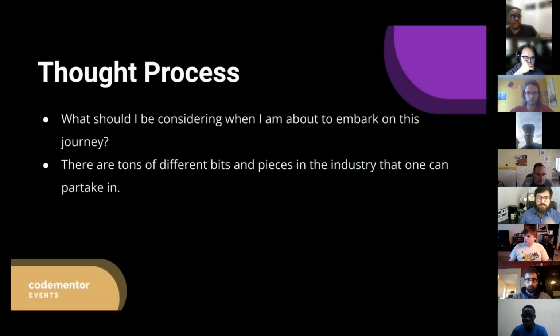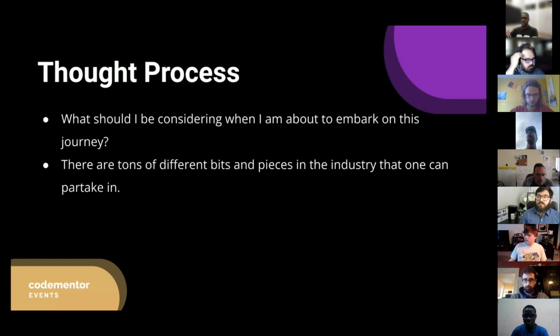Now, based on the thought process, when you're trying to make the decision, you need to think about why exactly you're trying to get into the industry, because people have their various reasons. Some people are in it to solve problems, some people are in it because it excites them, some people are in it for very many reasons.